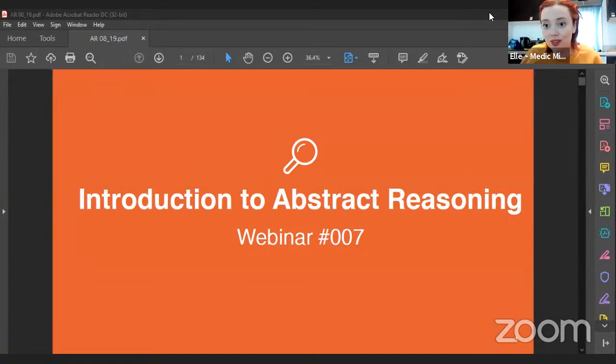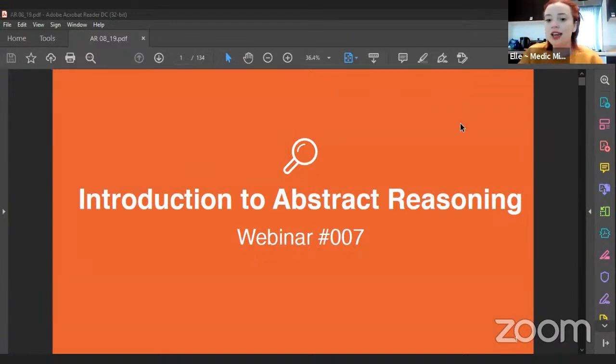And today, as you can see, the focus is abstract reasoning. And we know that abstract reasoning is one of the sections that makes a lot of students really nervous when they first start revising for the UCAT. Because it's quite a different section, whereas things like quantitative reasoning, well, you've done maths before, verbal reasoning, many of you will have studied something similar like English literature before, but abstract reasoning is really quite different to what you use in your day-to-day.